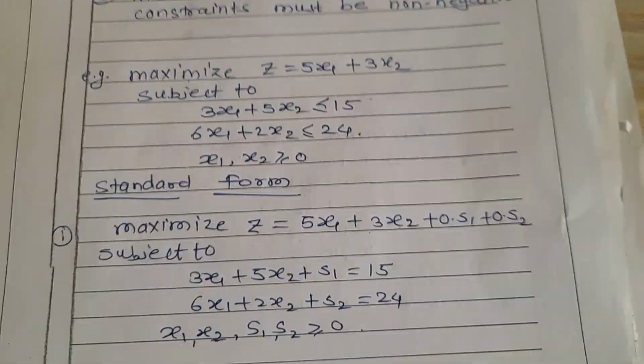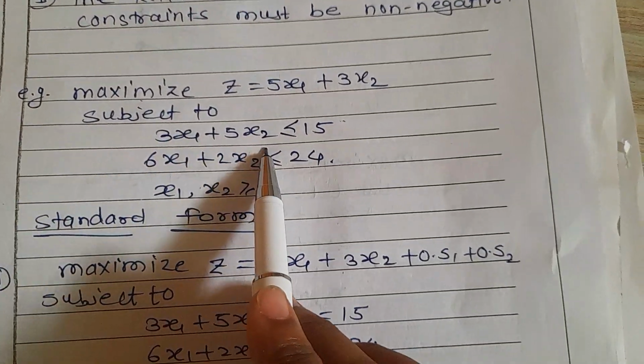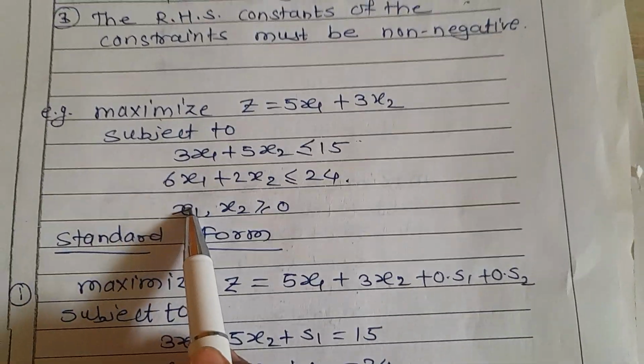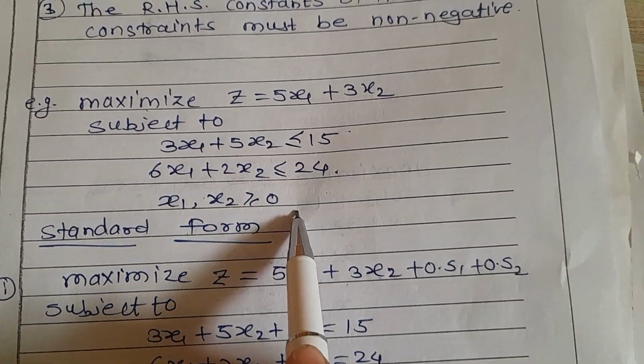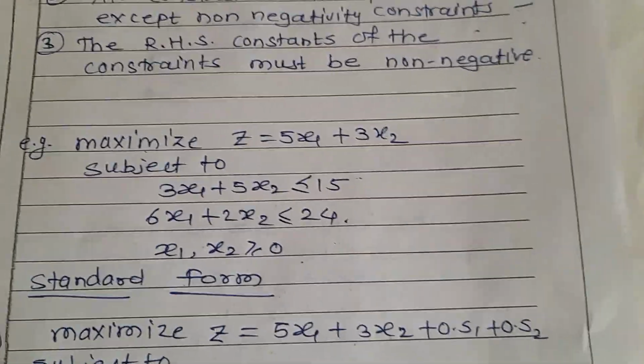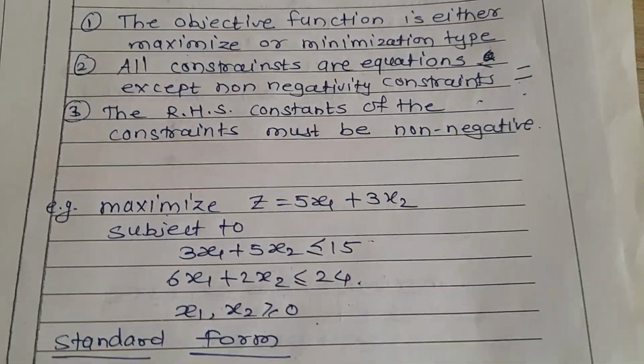Then the first example: maximize z equals 5x1 plus 3x2 subject to conditions 3x1 plus 5x2 less than or equal to 15, 6x1 plus 2x2 less than or equal to 24, x1, x2 greater than or equal to 0. First, the objective function is either maximize or minimize.